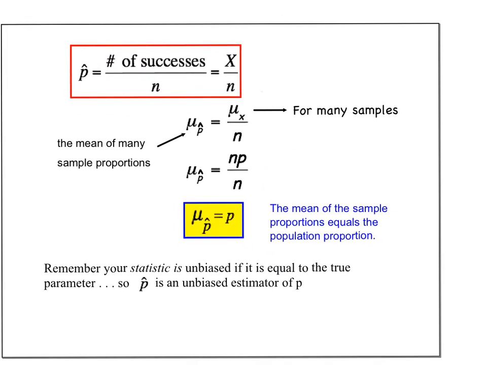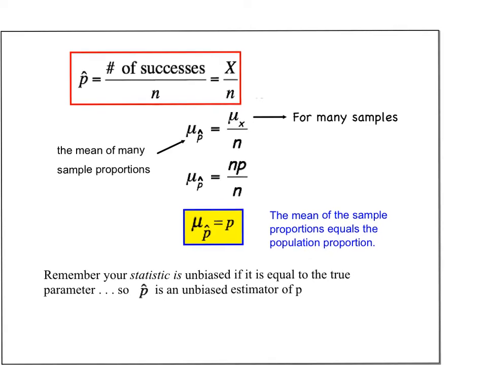So here's the origins of the formulas we're going to be using. P hat is our sample proportion. We would get a sample proportion by taking the number of successes divided by the number of things we have in our sample.